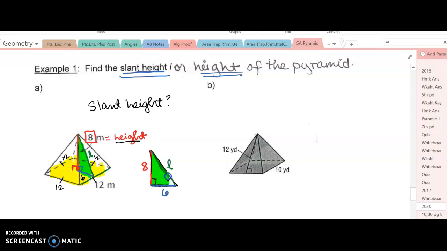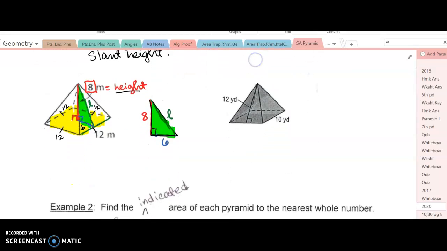And so we could use one of our right triangle strategies to solve for L. We could use the Pythagorean theorem. Some of you might even recognize that this is one of our triples. So let's see, this is 6 squared plus 8 squared equals L squared. And so this is actually a 3, 4, 5. We know 3, oh, that's not 3, Miss Benton. 4, that's the 4.